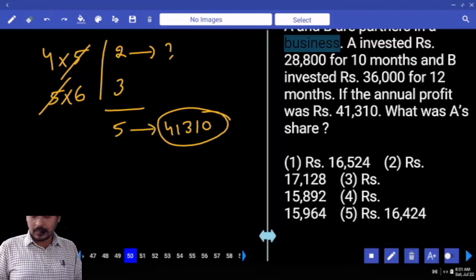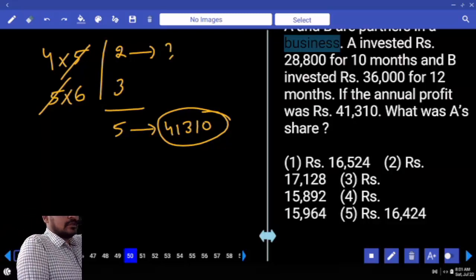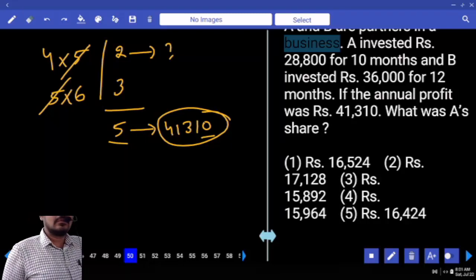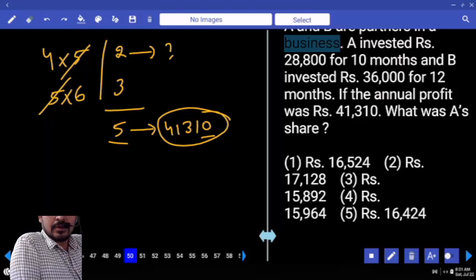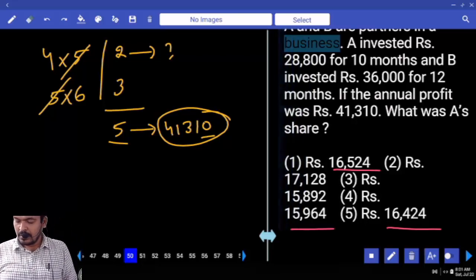Yes or no? How many options? It should end with 0 or 4? 5 becomes 0 means it is multiplied by 2. 5 twos are 10, means the product has how many twos? 2 times. 2 into 2 means the answer should end with 4. How many options end with 4? 3 options.